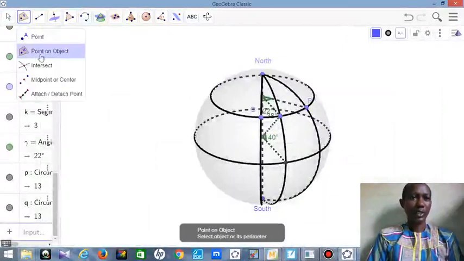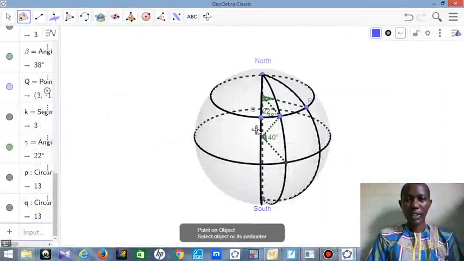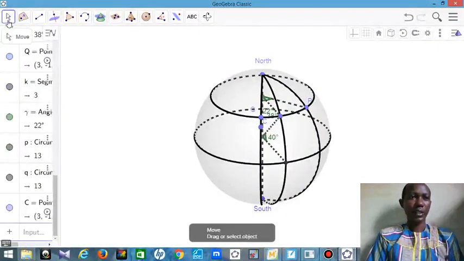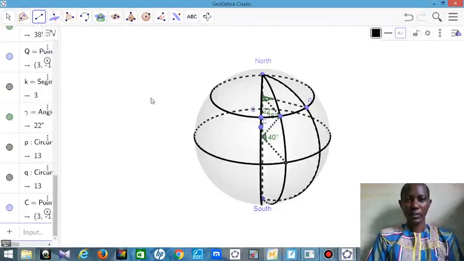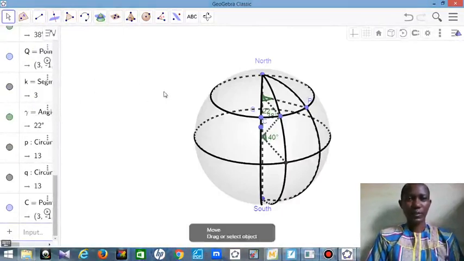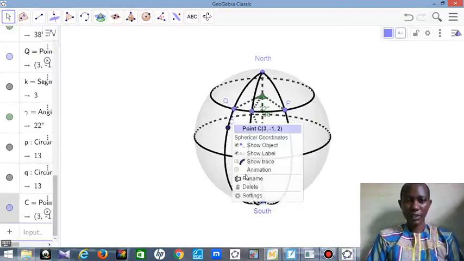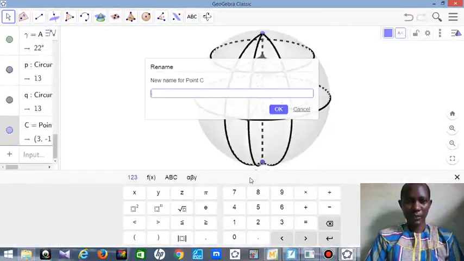That means the point is coming downward, and it's going to be like this. This is the point T, so we need to rename it point T.